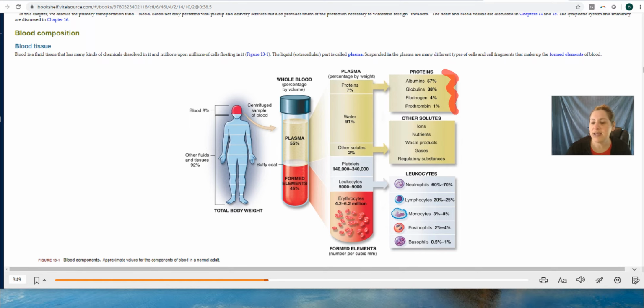These are really important in your blood, but it does not contain any red or white blood cells. Because of that, it is not blood type specific, meaning that if I donate plasma, any person can have that injected into them, which is great if you need plasma proteins. It does not do you any good if you need blood due to blood loss, like in a surgery or a trauma.